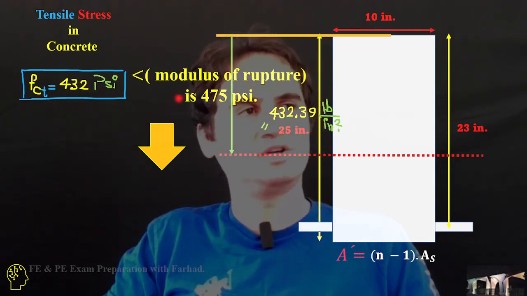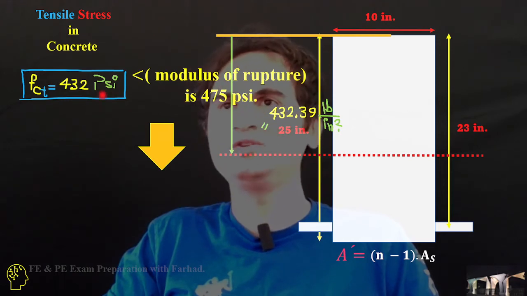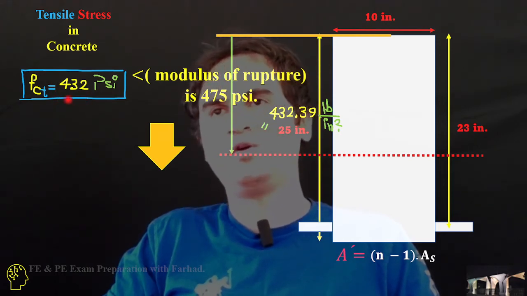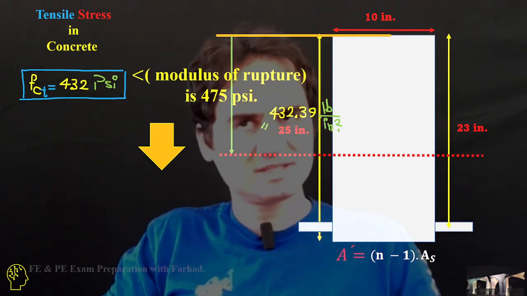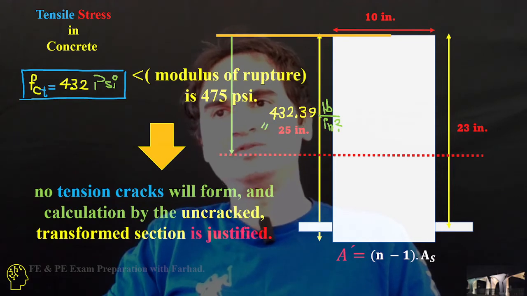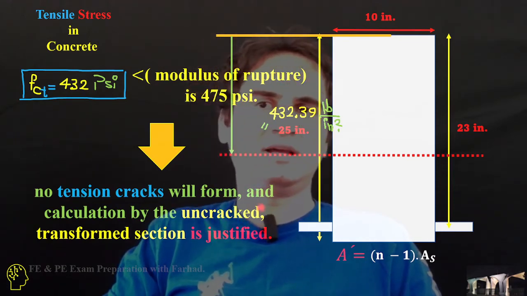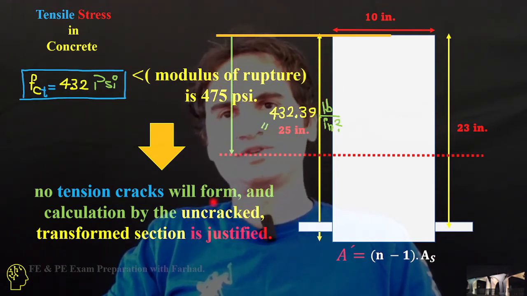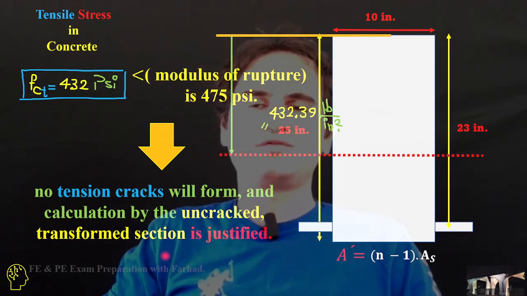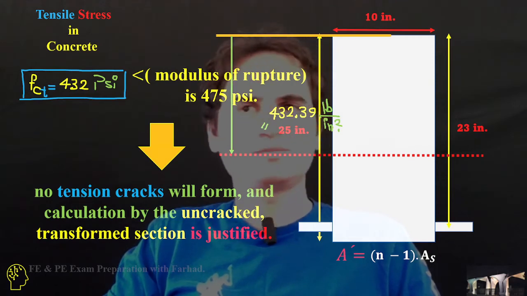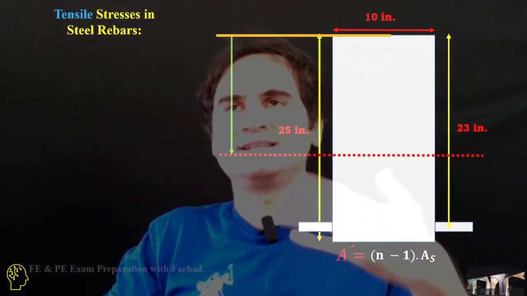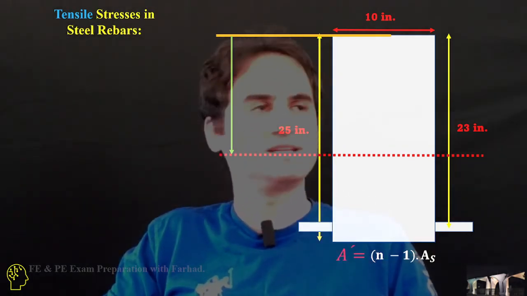That's our condition, which we also reviewed in the previous video. FCT is equal to 432, and that's definitely below 455. So our assumption is correct, and there are no tension cracks in our concrete. Our uncracked transformed section is verified once more. Now let's go to the tensile stress in steel rebars.